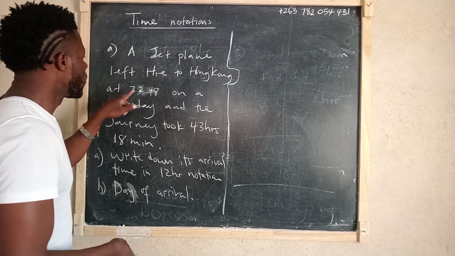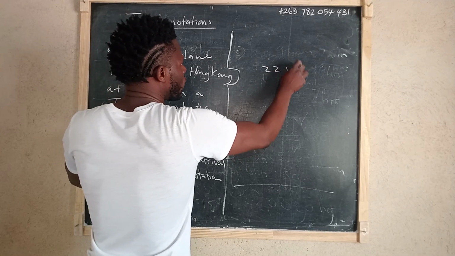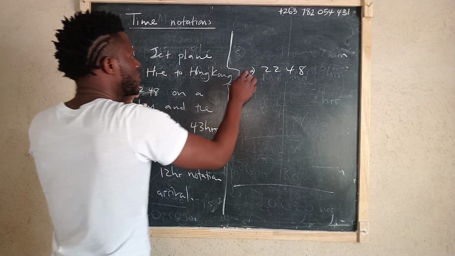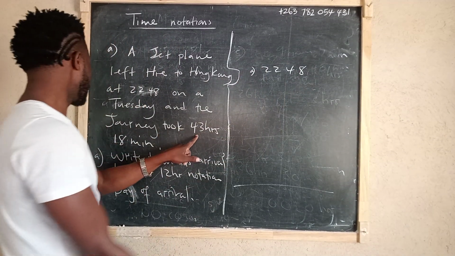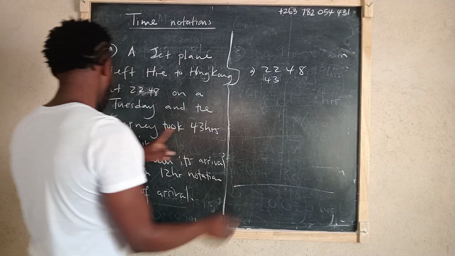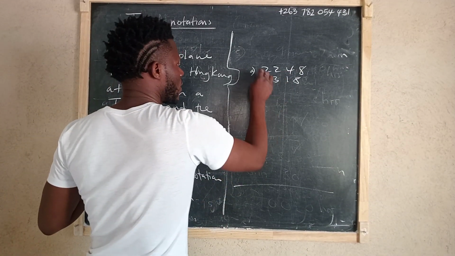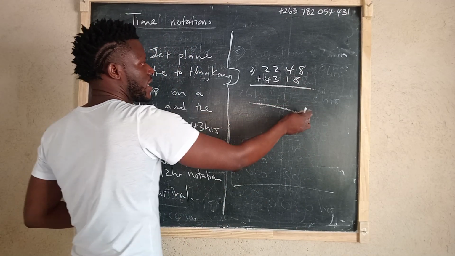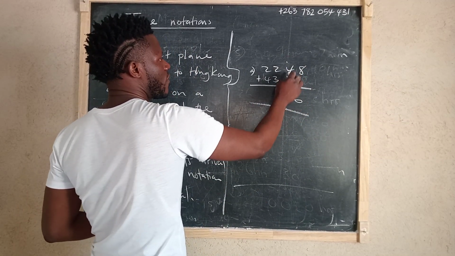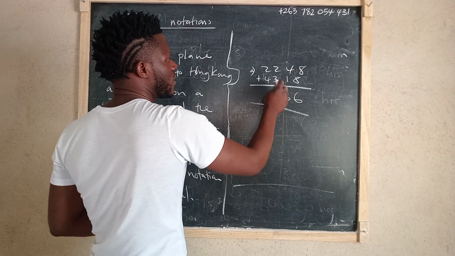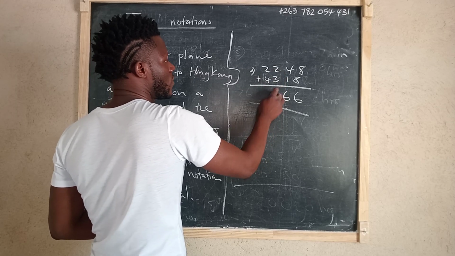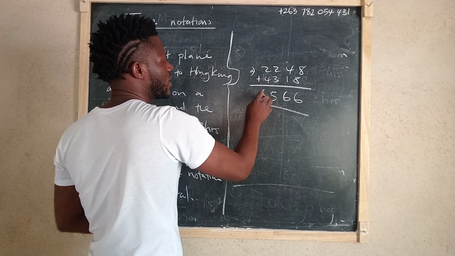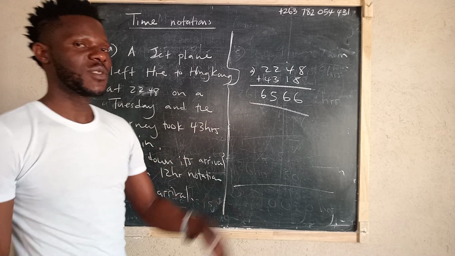So we left Harare at 22:48, and the journey took 43 hours 18 minutes. To get the arrival time, you add: 8 plus 8 is 16, carry 1, 4 plus 1 is 5, 6. Then 3 plus 2 is 5, 4 plus 2 is 6. The time is weird.